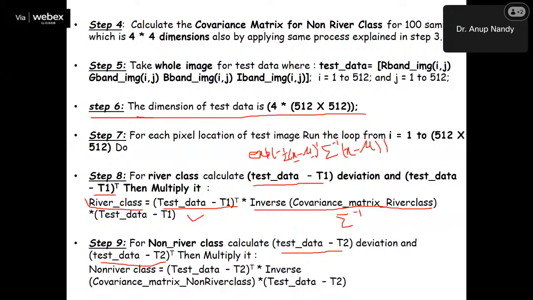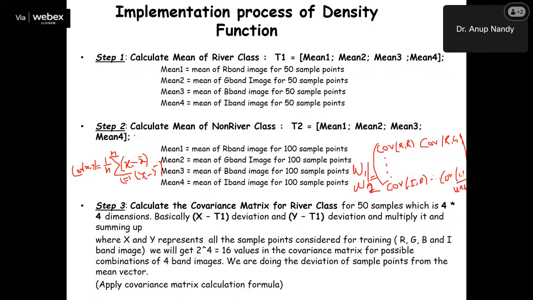If you go back, T2 is the mean of the non-river class, and T1 is the mean of the river class.